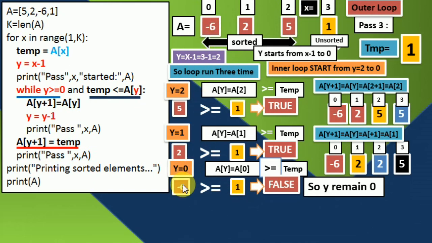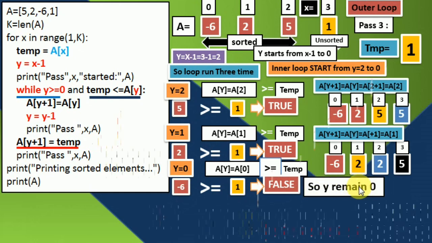Is minus 6 greater than or equal to 1? It will say no. The condition becomes false. And when the and is used and the first condition is true and the second is false, the condition becomes false. In this case, the while loop condition fails, so these lines are not going to be executed. If these lines are not executed, the y value is not going to be decremented. It remains the same, that is y equals 0. I've written here also, so y remains 0.